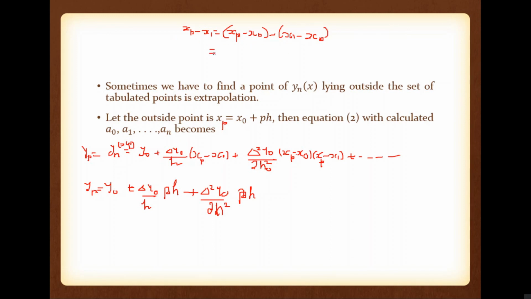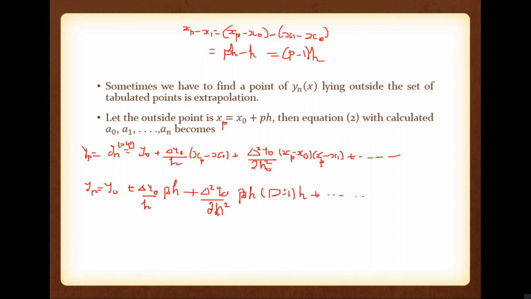So what is xp minus x0? ph. Minus what is x1 minus x0? h. So h is a common term, so we can write p minus 1 into h. Right? So this xp minus x1 is p minus 1 into h, plus etc.